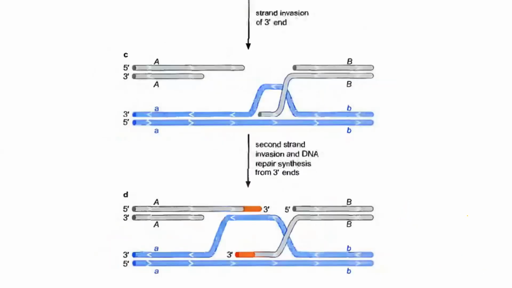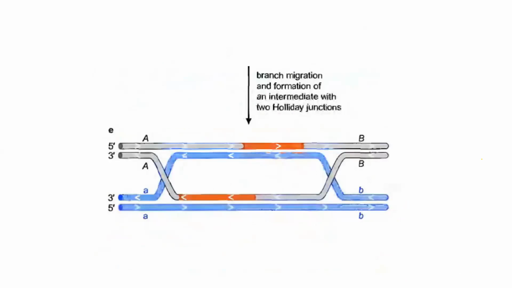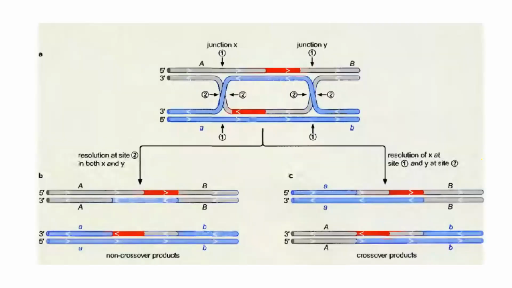Then the proteins which do this strand invasion, which you can see on this slide, are DMC1 and RAD51. Branch migration, many proteins have been identified, and we assume that there are proteins involved in branch migration as well in eukaryotes.